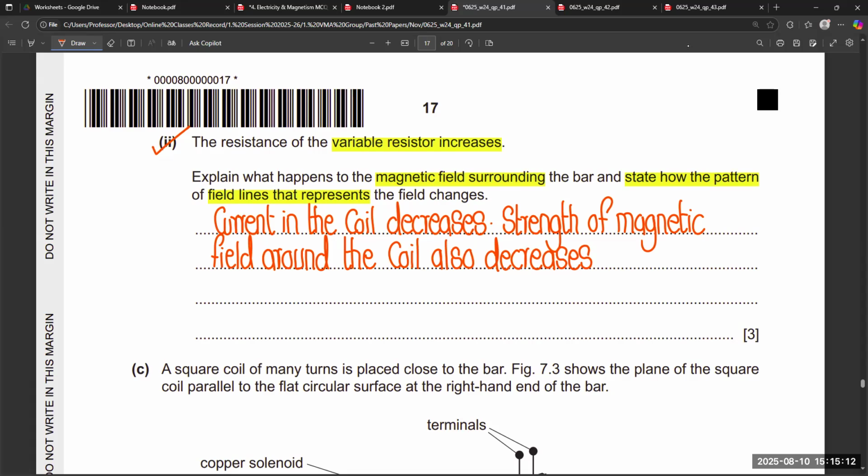Basically, when the magnetic field decreases, it means the magnetic field lines are less in quantity because of the weak magnetic field and they are also away from each other.